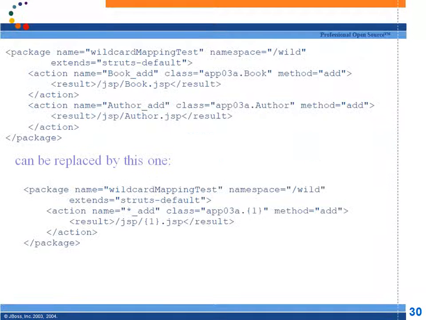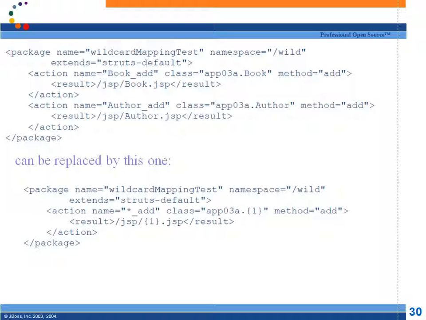Now see here, there are two actions: book underscore add, where the class name is book dot add, and author underscore add, where the class name is author dot add. These two actions can be replaced like this. See here, the action name is star underscore add. Star, if it is replaced by book, here see, the class name is 1.